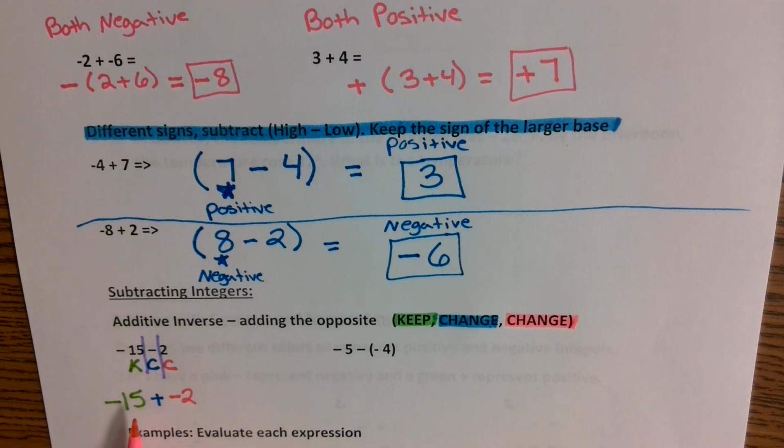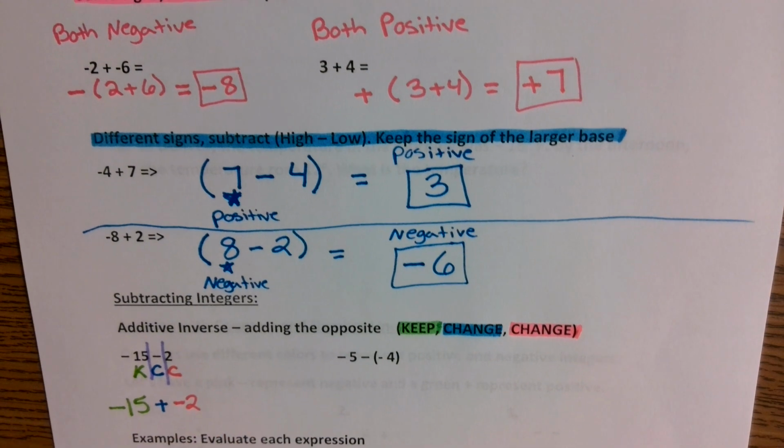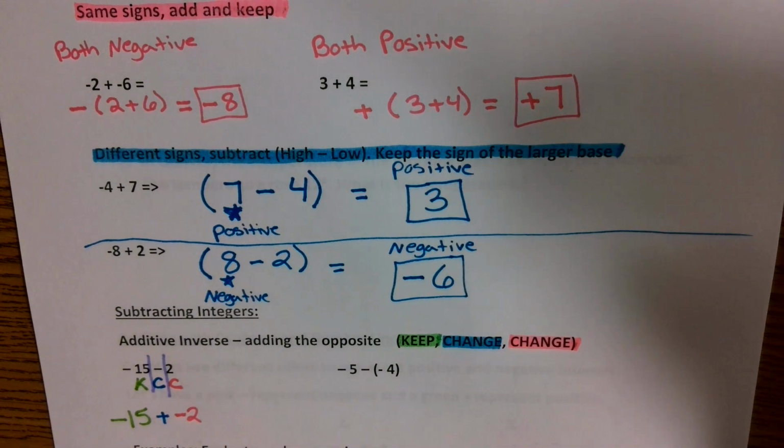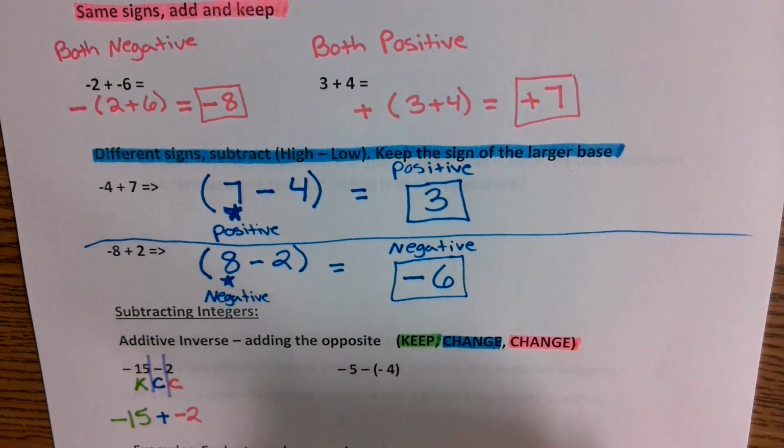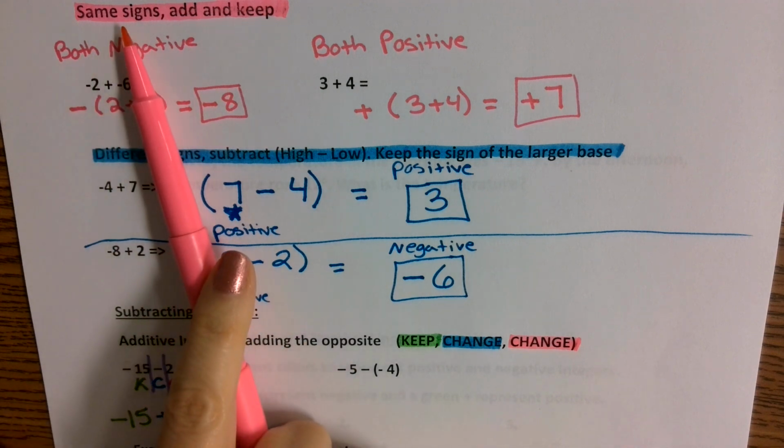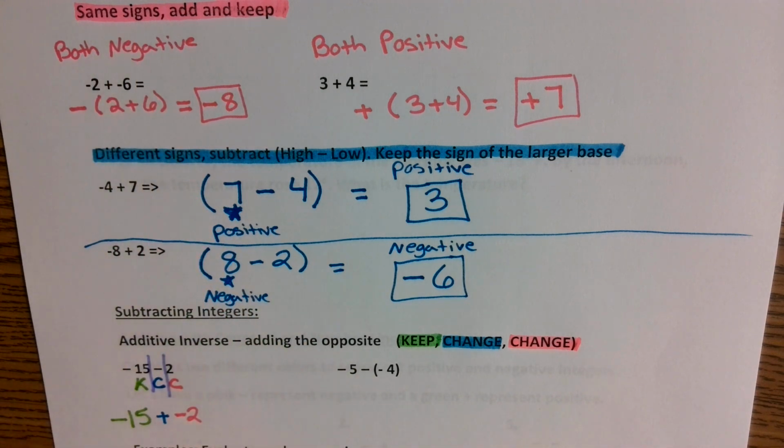Okay, so now we've got the problem negative 15 plus negative 2. It's an addition problem. So all you have to do is go back to your addition rules. Is negative 15 plus negative 2 a same sign or different sign situation? Same sign.